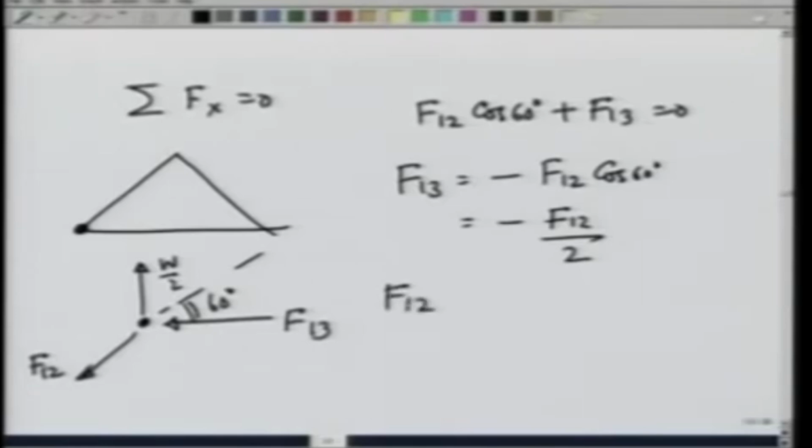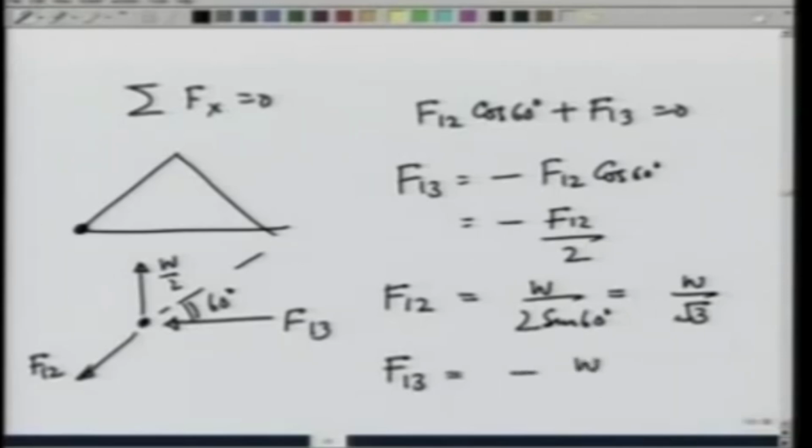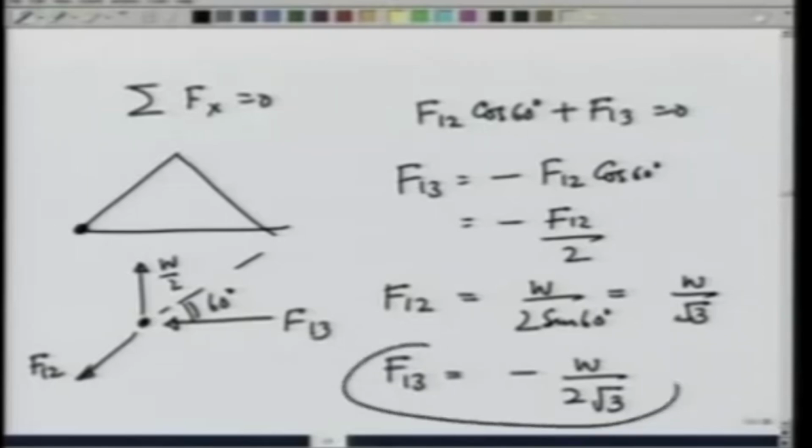F 1, 2 on the other hand, we found out is equal to W over 2 sine of 60 degrees, which is nothing but W over root 3, and therefore, F 1, 3 is equal to minus W over 2 root 3. I have found the forces on member 1, 3.